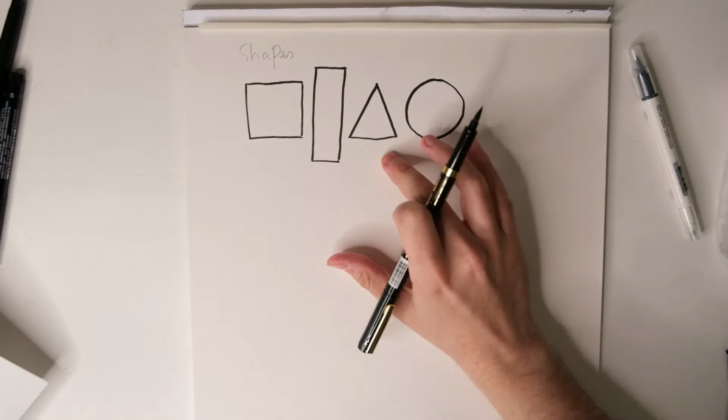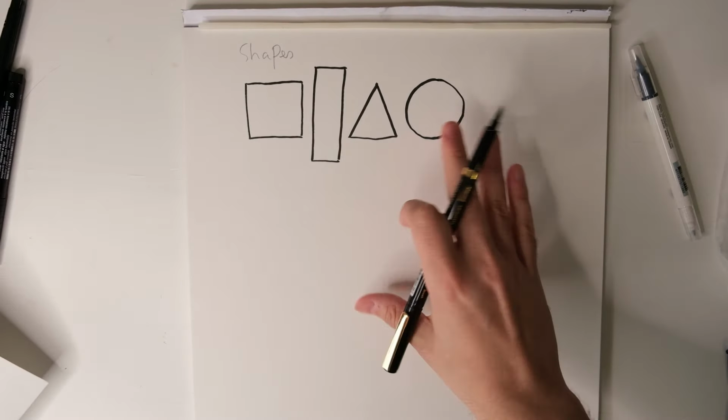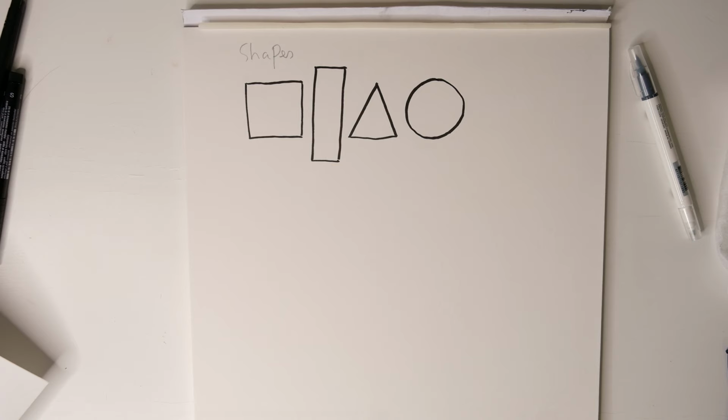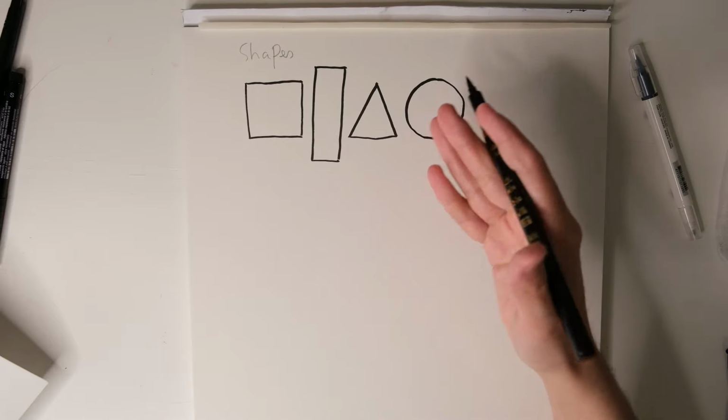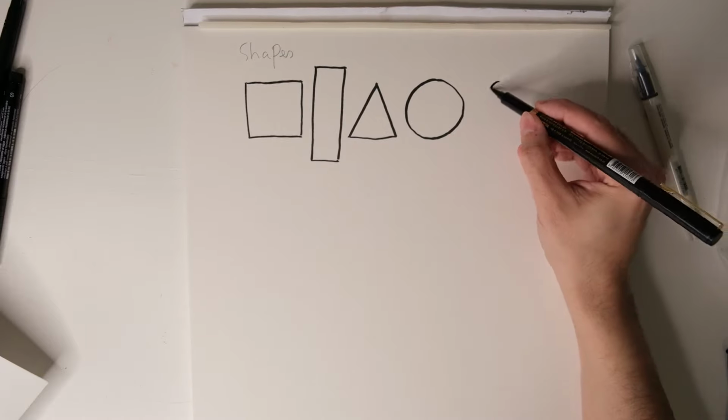Why is it important to be able to master this? It's because for the most part, every single thing in the human body, or every single thing that exists, can be broken down into these basic shapes. And then construction comes in, right?